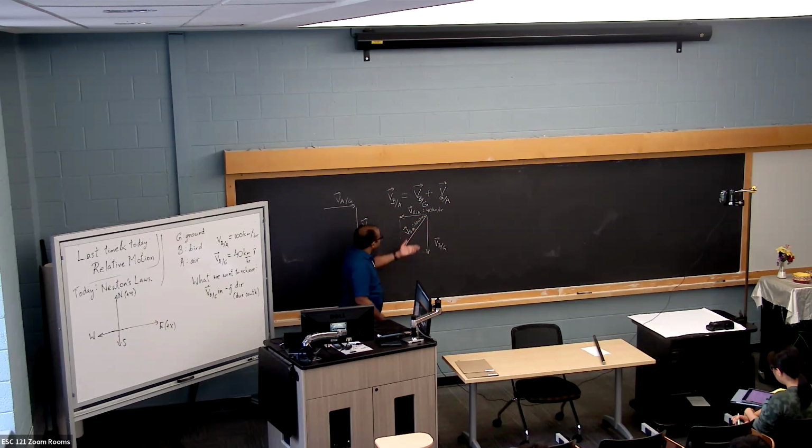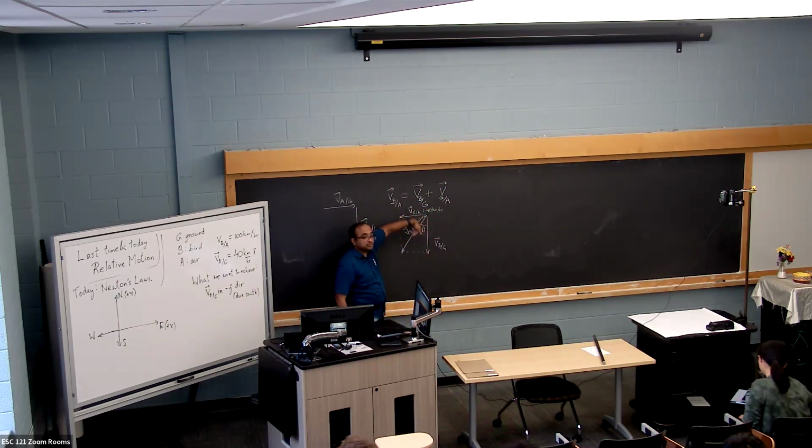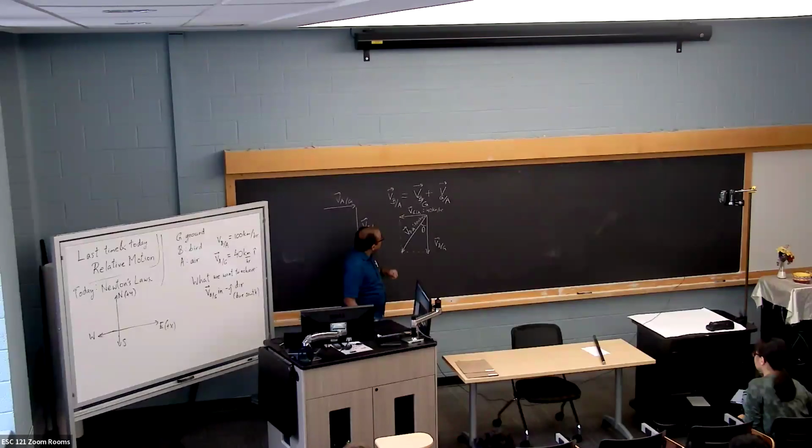Okay. But what we're trying to find is precisely this angle theta, right? They asked us for the angle with respect to the north-south direction that the bird should head. So questions on how I would find theta? Pythagorean theorem. I could do Pythagorean theorem, that's right, because I have the hypotenuse and I know one of the sides. I can also do trig, right?